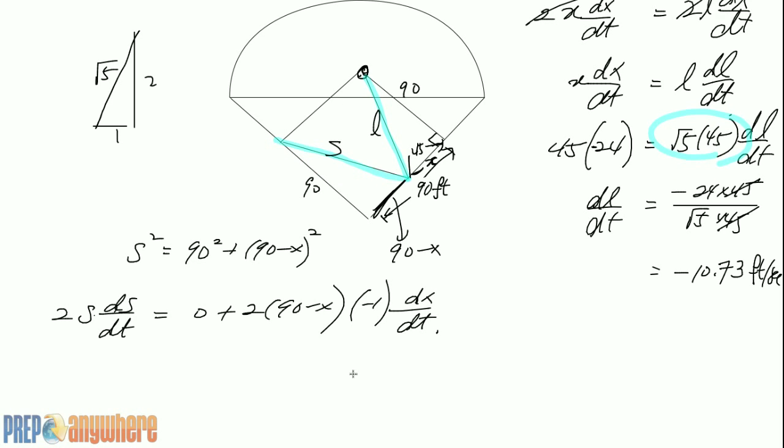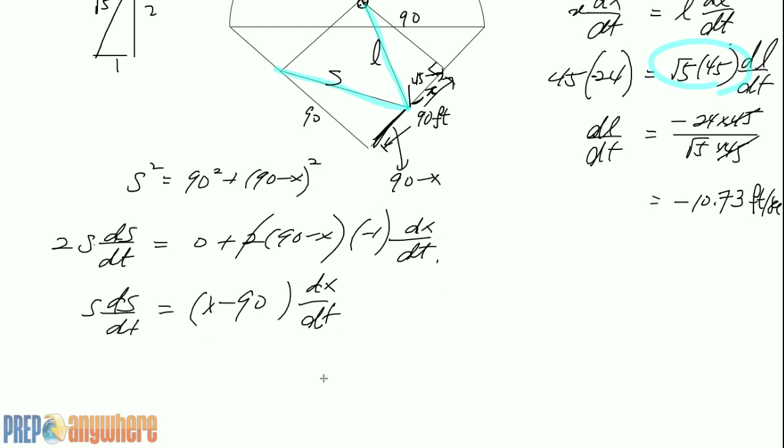Let's divide both sides by 2. You get S dS over dt equals (x minus 90) times dx over dt.